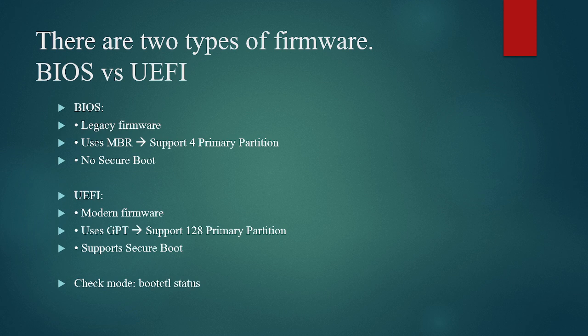UEFI is a modern firmware. It supports the GPT partition table and 128 primary partitions. It supports secure boot. You can also check which firmware is present in your Linux server with the help of the bootctl status command.